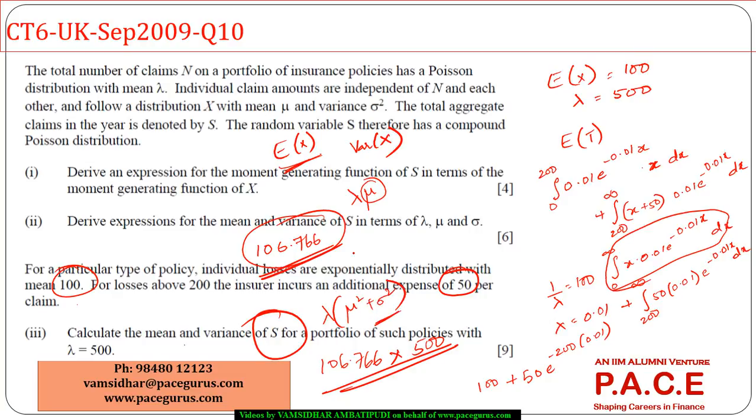Sigma squared comes through the variance of x computation, and mu squared we have already got. Based on that substitution, we get the mean and variance both of S. So a step-by-step procedure is going to help us solve these kinds of questions comfortably. Alright.